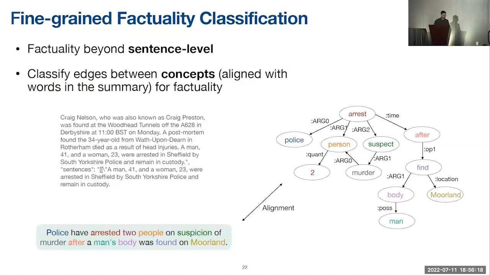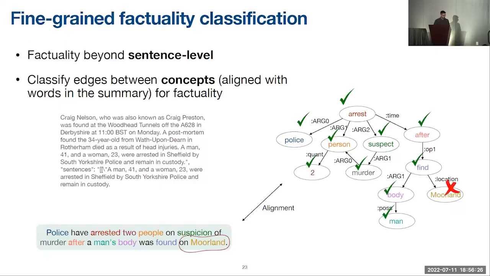So in this case, concepts have the same color as the words they are aligned to. And we can leverage annotations of spans that humans annotated as faithful or not, to also annotate our concepts as fact or not.